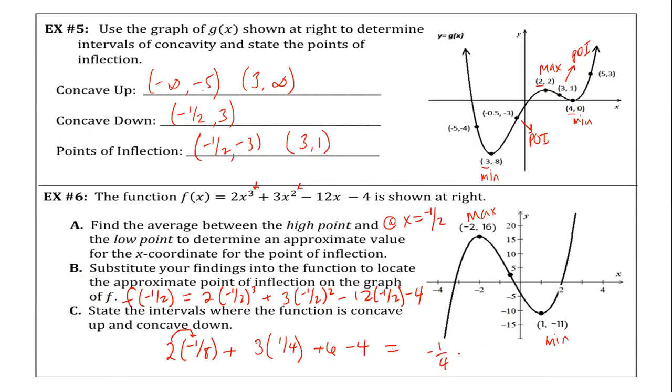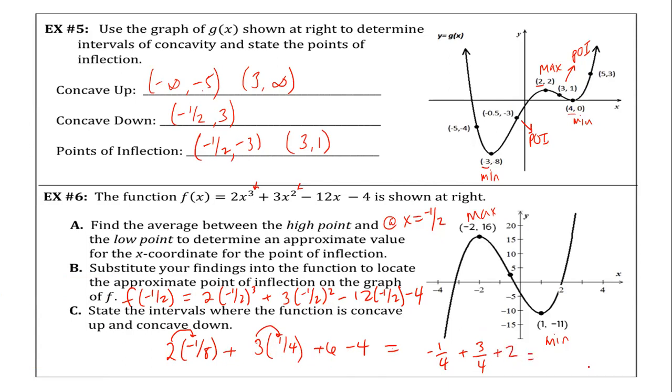Plus, and then again, the 3 only applies to the 1, so that makes plus positive 3/4. And what's 6 minus 4? Because a negative times a negative makes a positive, because you had negative 1/2 squared, which means you have negative half times negative half, which makes it positive. And that gives us positive 2.